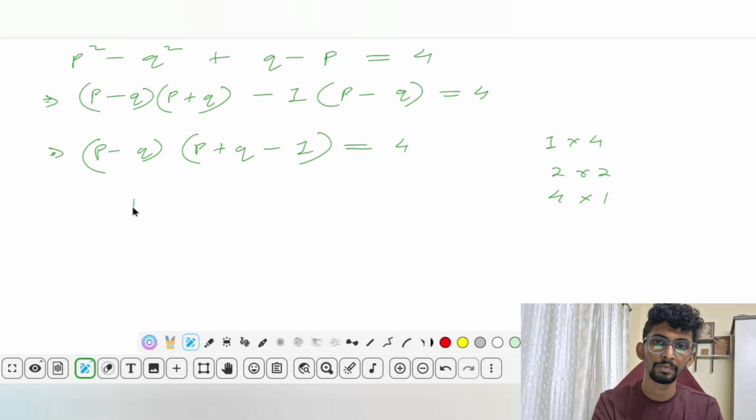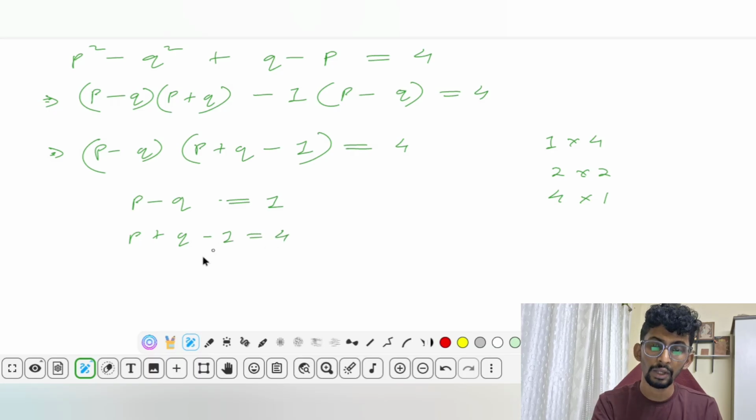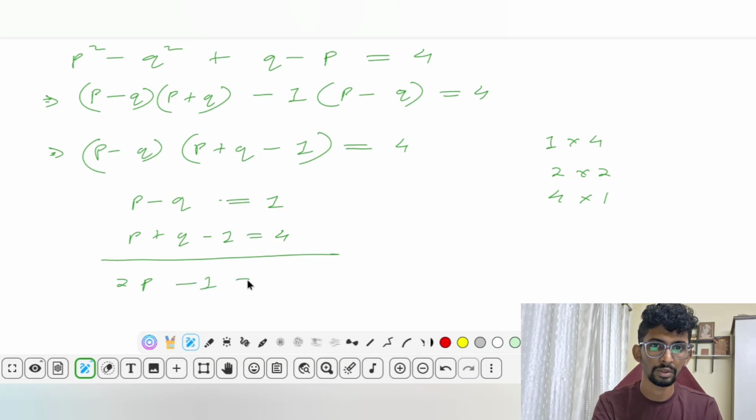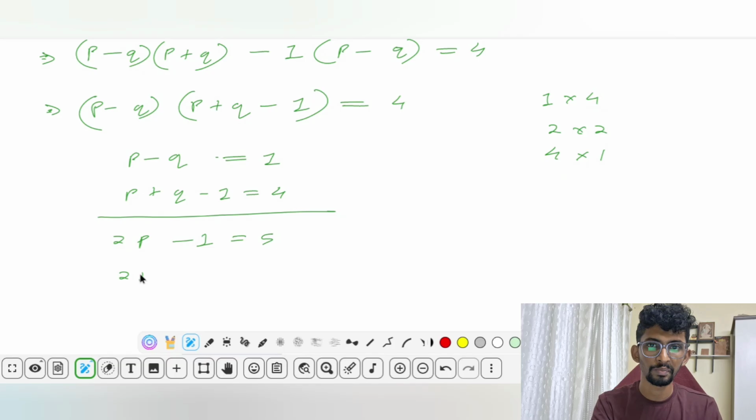Now if we take p minus q as 1 and p plus q minus 1 as 4, and if we add them, we will get 2p, q will get cancelled, minus 1 equals 5. So we are getting 2p equals 6, so p equals 3.